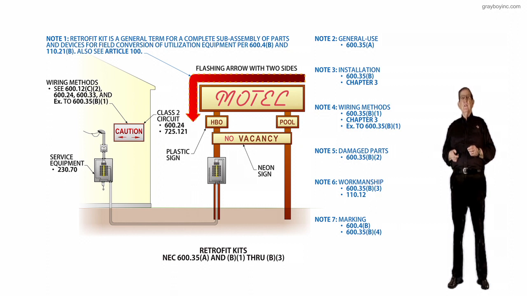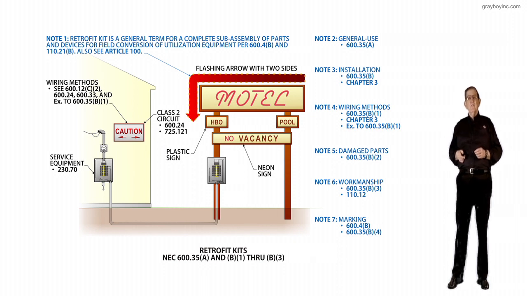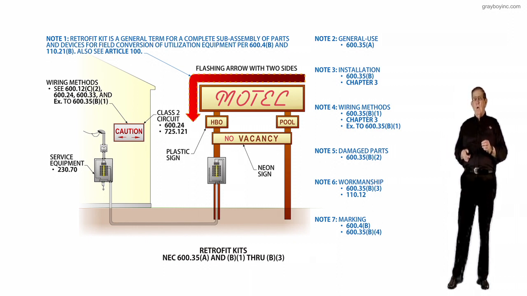And then, of course, I would like to call out as a reminder that the marking rules for disconnects are outlined in 600.5(B) and 600.6(A)(4).